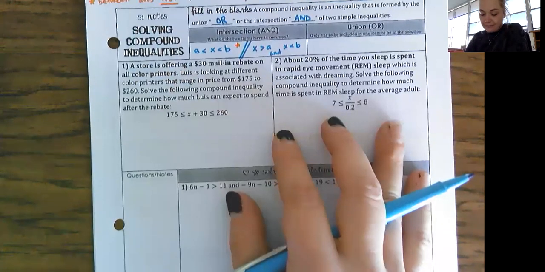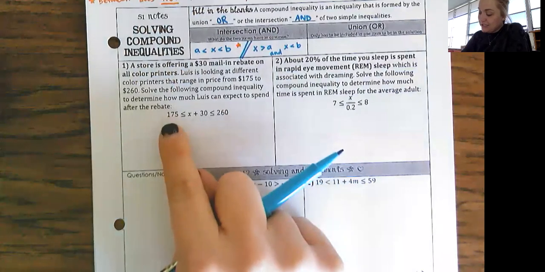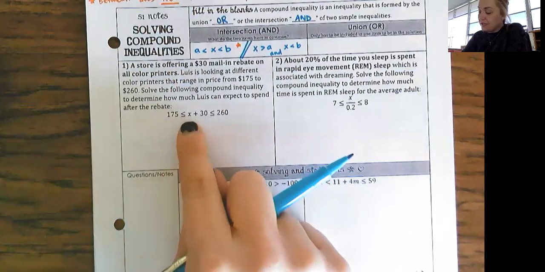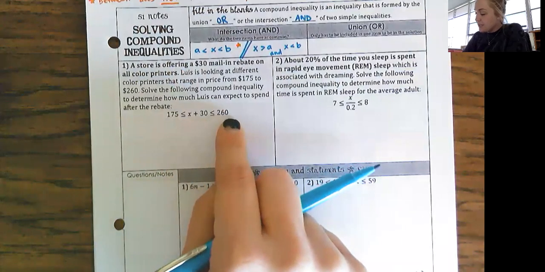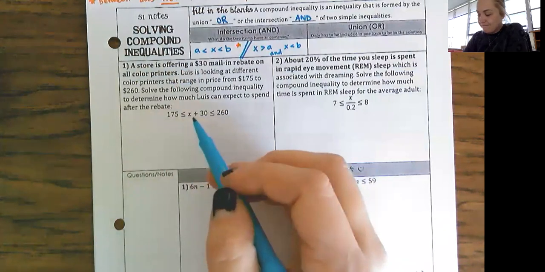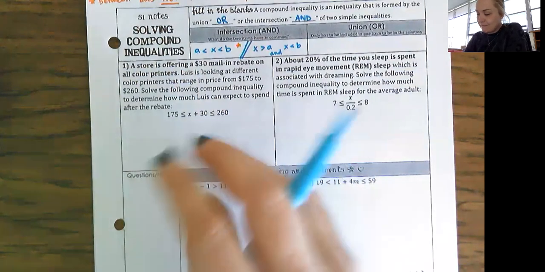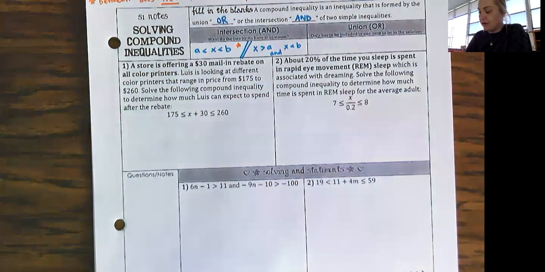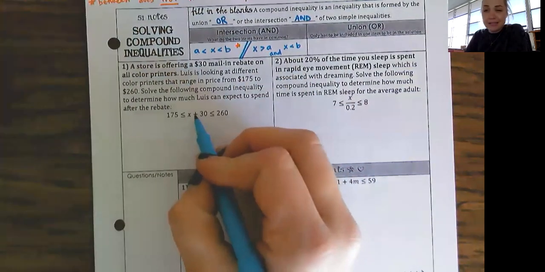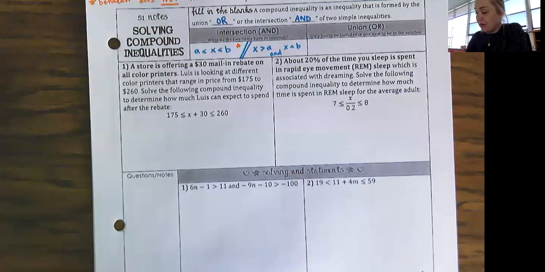Now, this says 175 is less than or equal to X plus 30, which is less than or equal to 260. Because remember, the mail-in rebate is something where he's paying full price and the rebate would come back and knock that price down by 30. So he's paying his sale price plus the $30 that he's hoping to get that mail-in rebate for.